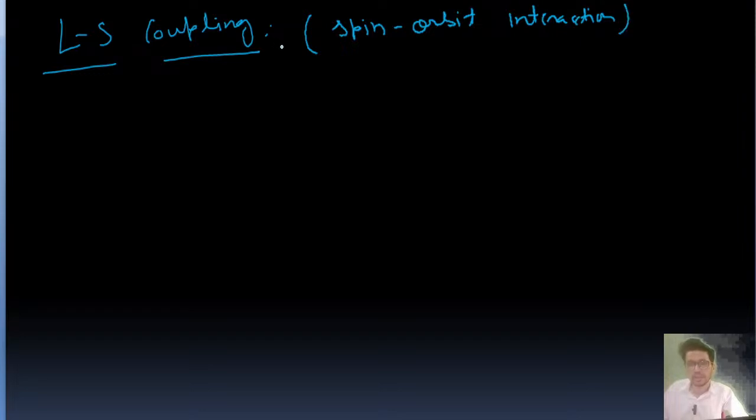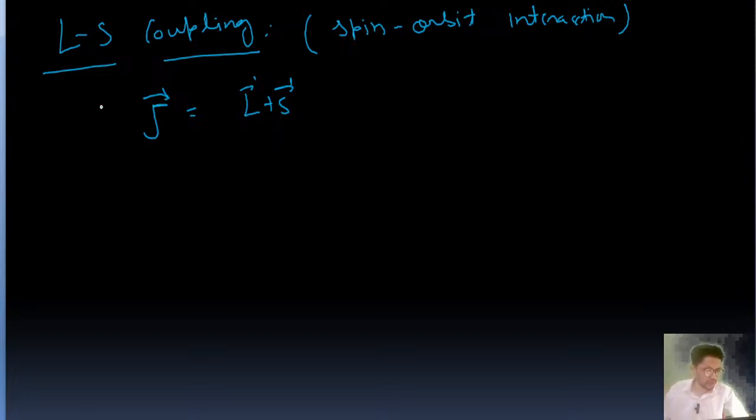This is LS coupling, spin-orbit interaction. The total value J is denoted by L plus S, where L is the orbital quantum number (orbital angular momentum) and S is the spin angular momentum.